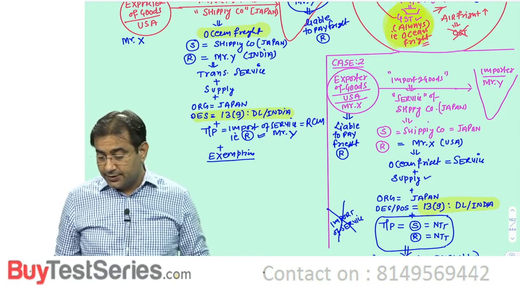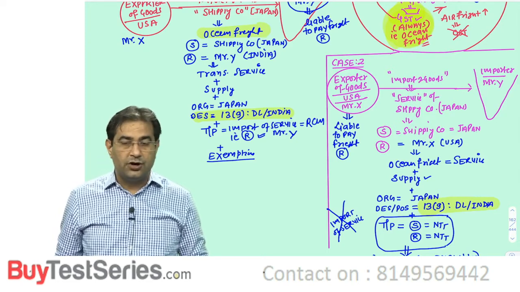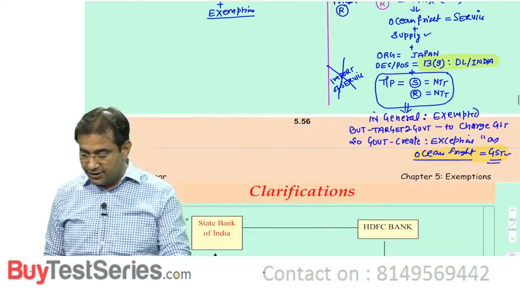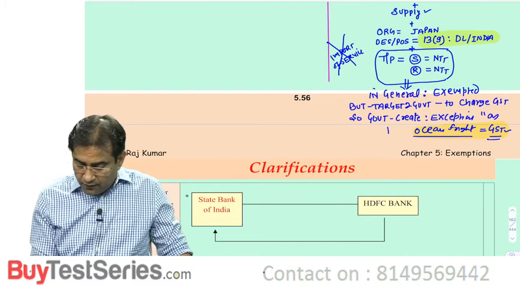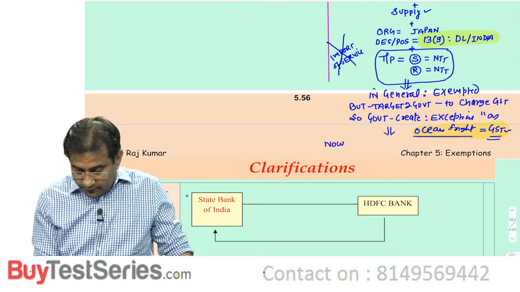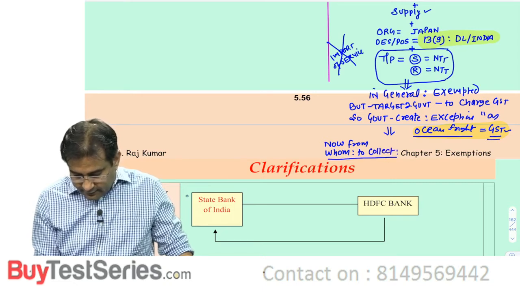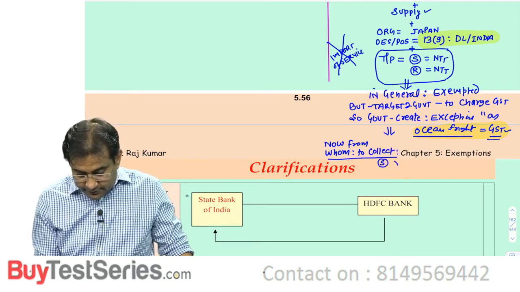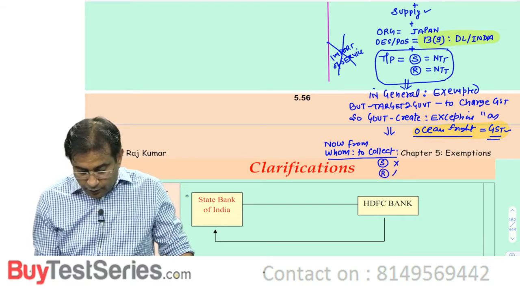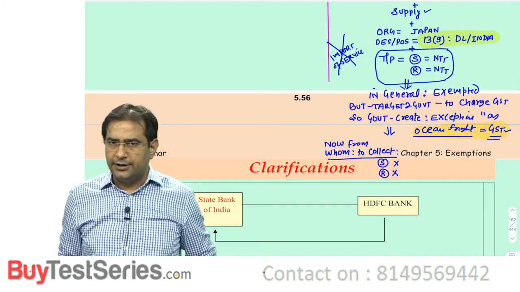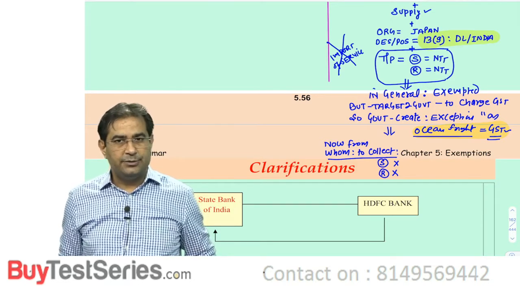Because sir, the supplier is outside India, the government has no control, and the recipient is also outside India. Now from whom to collect? Whether from supplier? No. Whether from recipient? No, because neither supplier nor recipient is under the control of the Indian government.